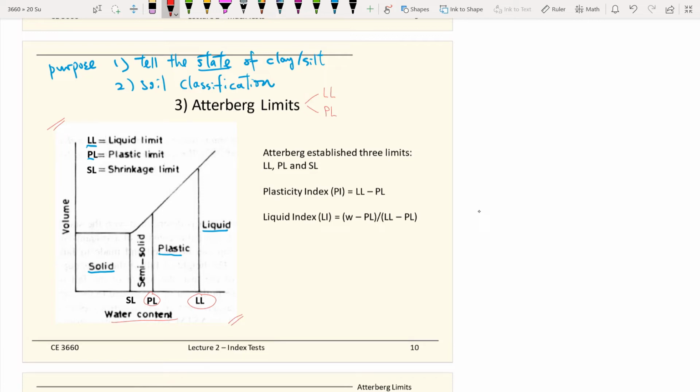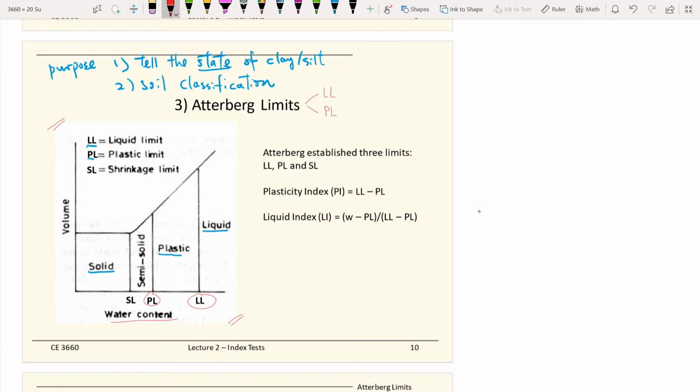Because soil or clay, if you think of some clay samples, the behavior and state of it highly depends on its water content. Imagine you have a clay sample that you can play with.